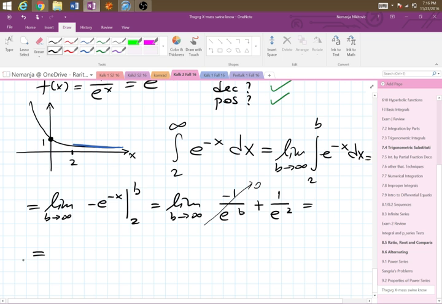Equals, well, here, 1 over e squared. Done. Now, we write the answer.